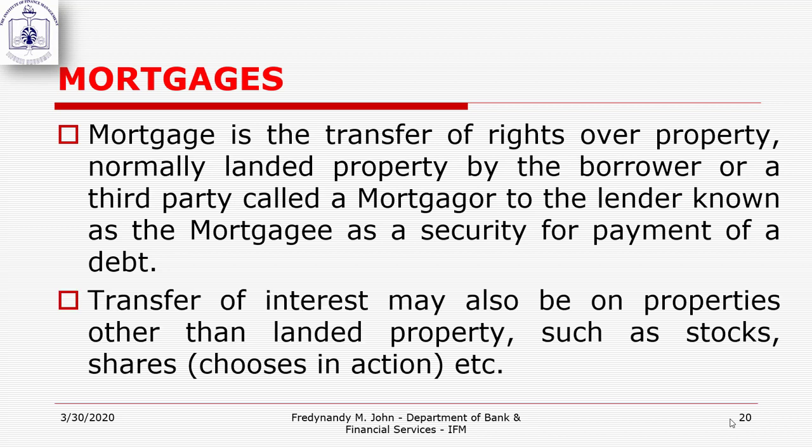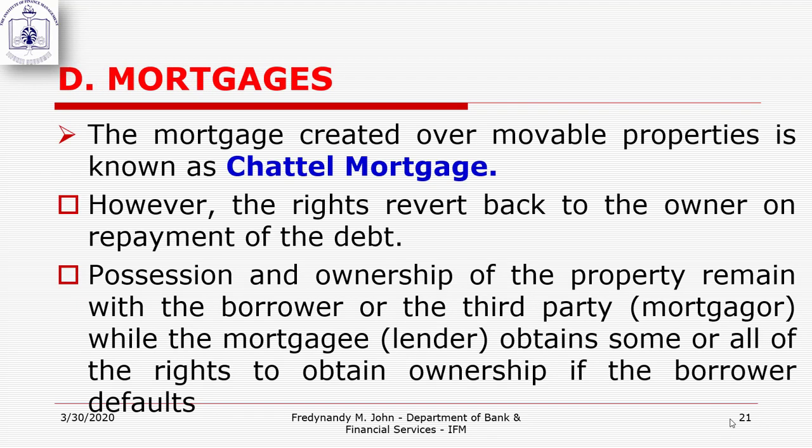So here it means the transfer of interest can be not only for landed property but also for stocks, shares, etc. Now we also have what we call the chattel mortgage, which is created over movable properties.